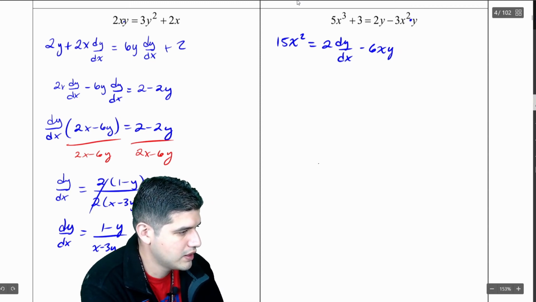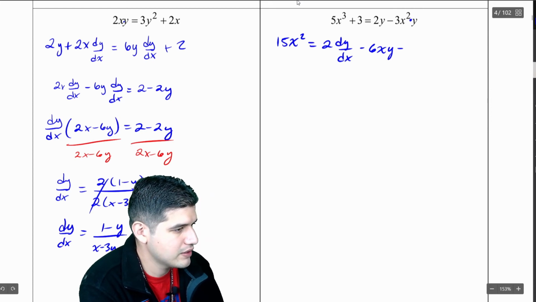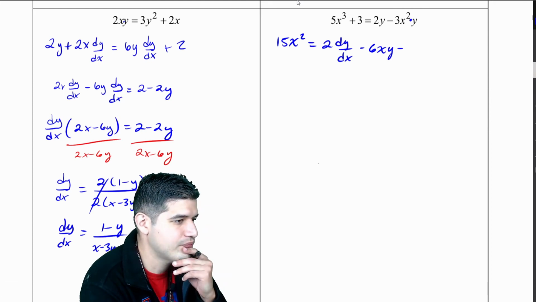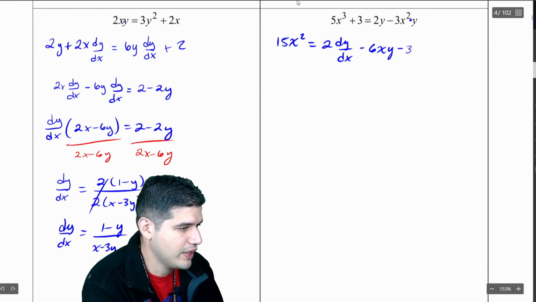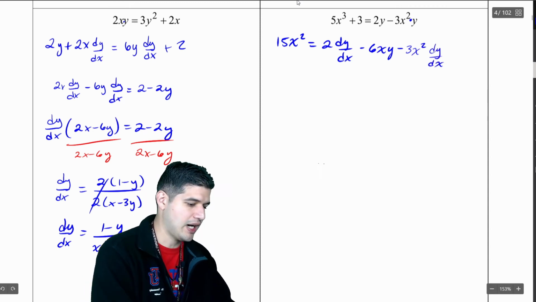So minus, let's see, we've got the derivative of the first times the second plus the first, so negative 3x squared, times the derivative of the second, so dy/dx. Okay, perfect, I got it.